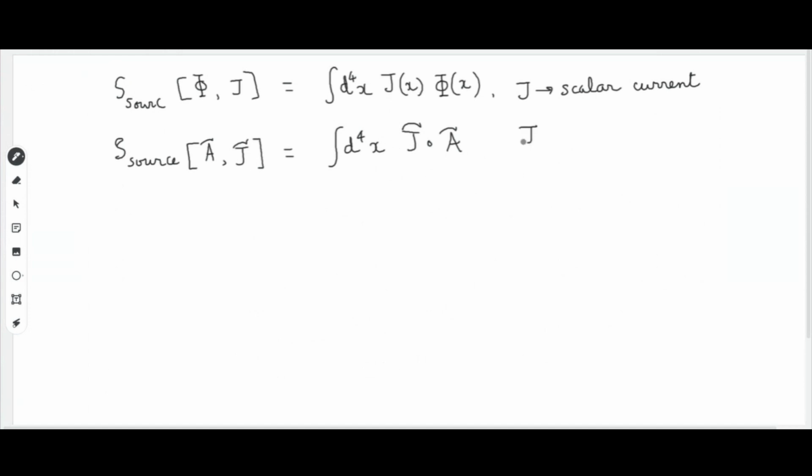So J here is a space-time vector current source. We know what the components of J are, the charge density and the current density and so on. And there's also a constant here, which I always forget, so I shall ask you to fix this constant. But there is a question here. Is this obvious to you that this quantity is gauge invariant?